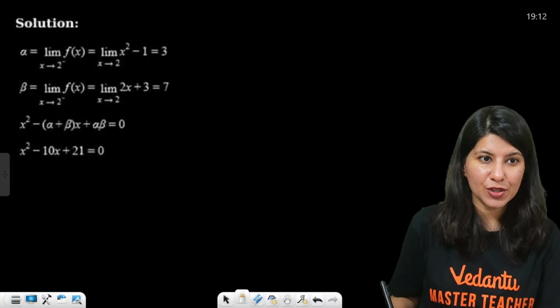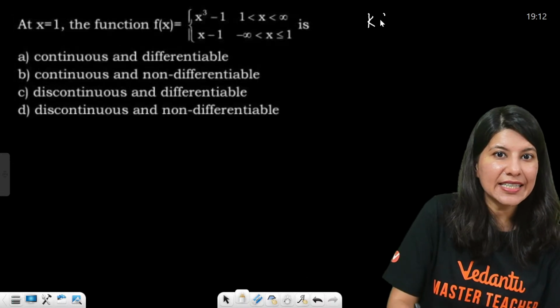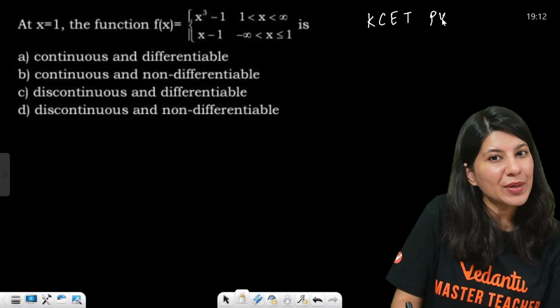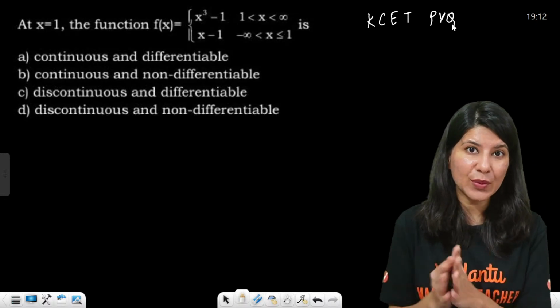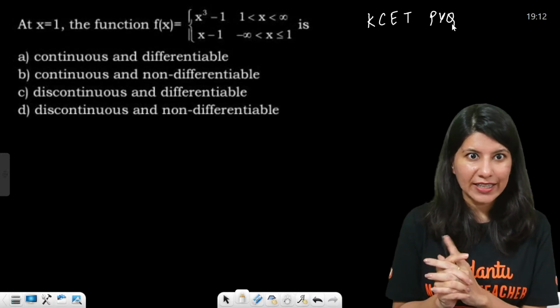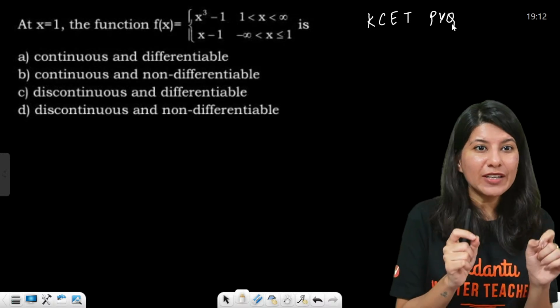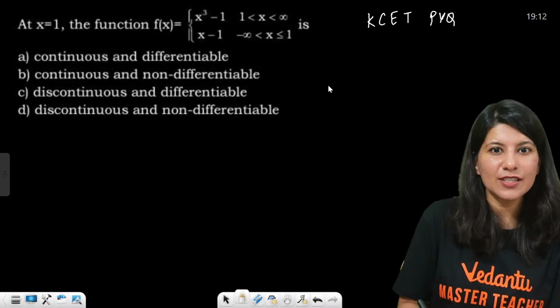Chalo, one more question I'll be giving you. This is also a KCET PYQ. Half of the question we'll do today, and the rest we'll do in the next class, because we are only focusing on the continuity part. Alright, so let's do it.